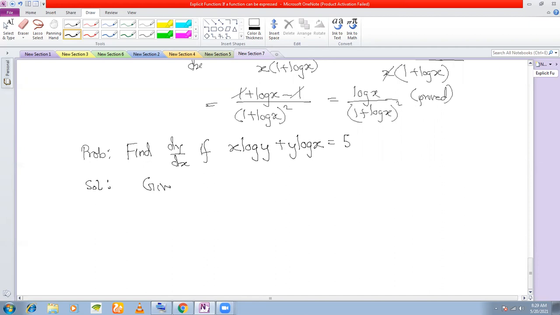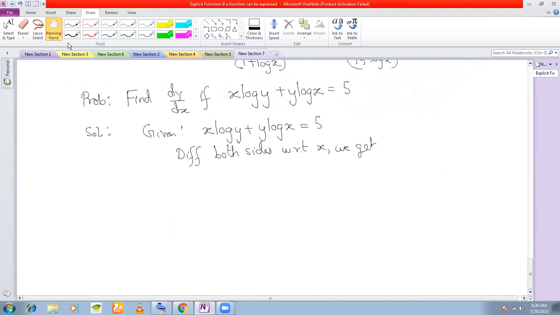We start with the given function x log y plus y log x is equal to 5. Differentiating both sides with respect to x, we get d/dx of (x log y plus y log x) is equal to d/dx of 5, which is 0.